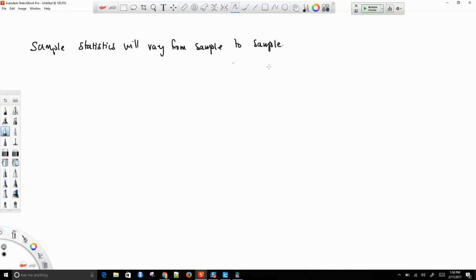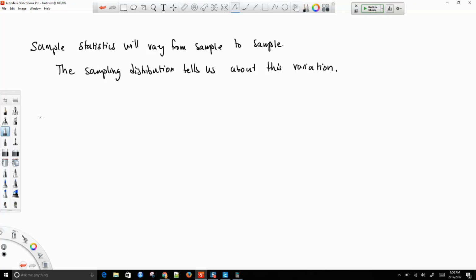And so the sampling distribution tells us about this variation. Okay. And then central limit theorem says you can use the normal distribution for the sampling distribution.